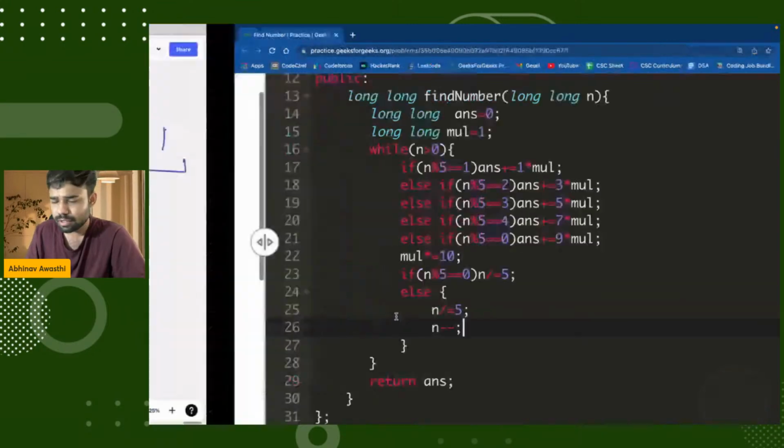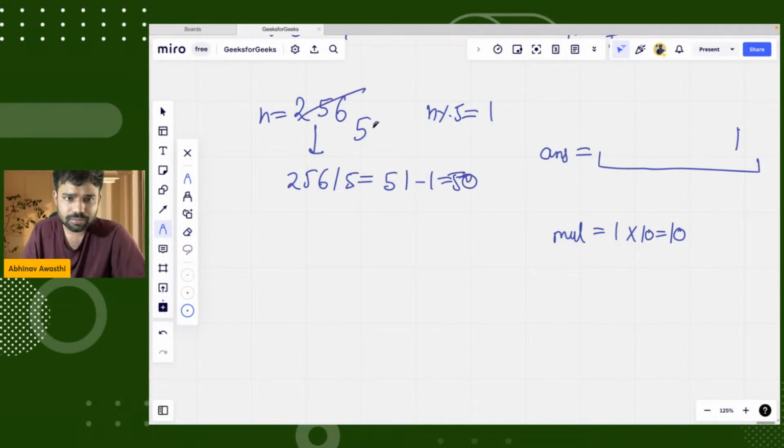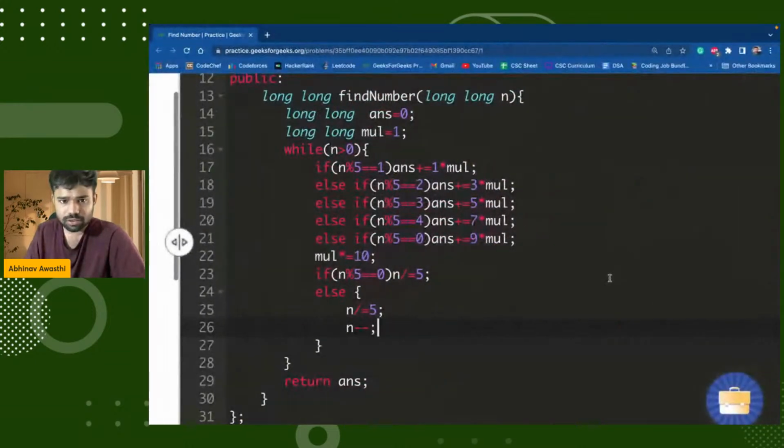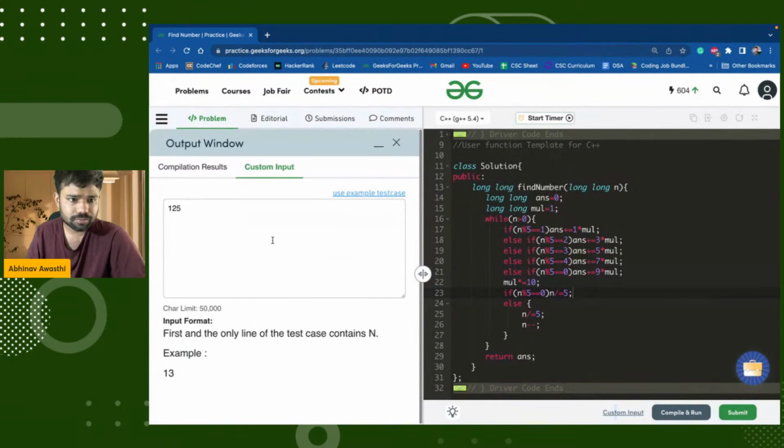Otherwise, I will subtract 1 and then divide by 2. So I will first divide it by 5, and then subtract. Now my value of n will become 50. Let me also write it here so that we can get the answer.